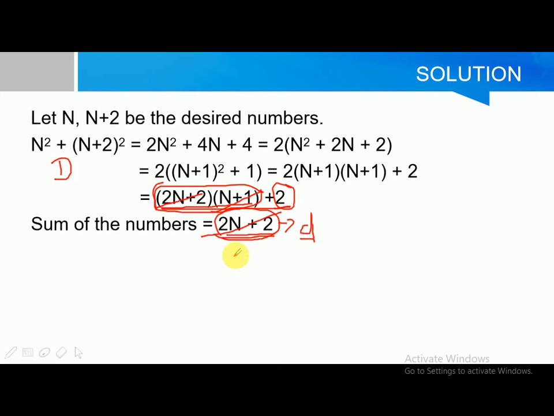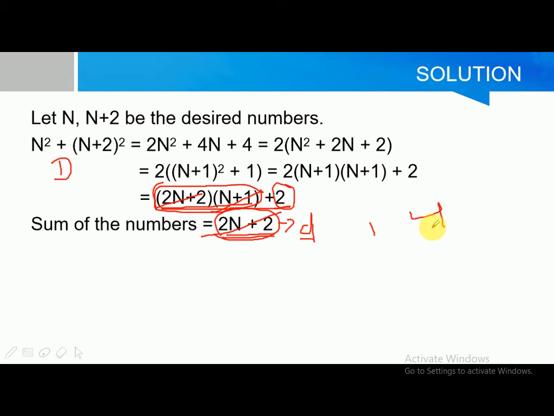Now will 2n plus 2 divide 2? Good question to ask. Let's say we have assumed that n is a natural number, the smallest possible value of n is 1. And if n has the smallest value, then 2n plus 2 will also have the smallest value as 4.